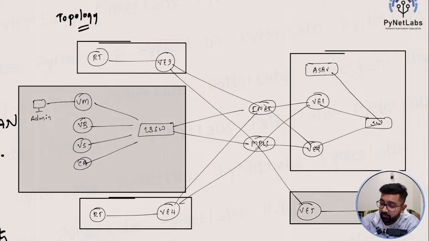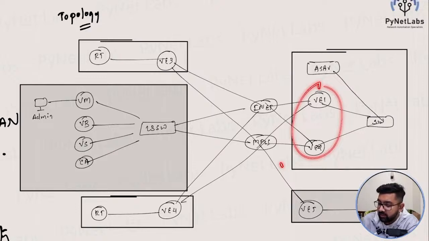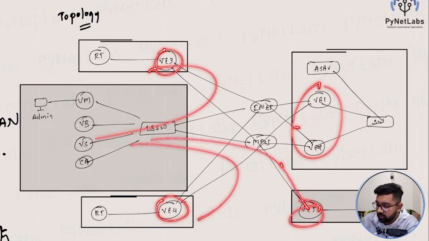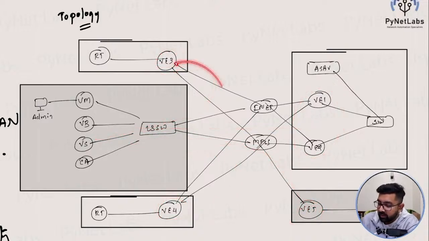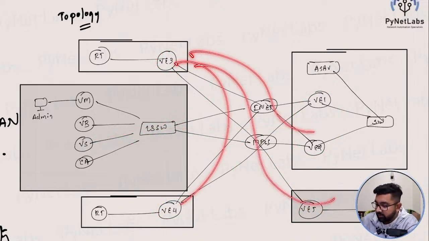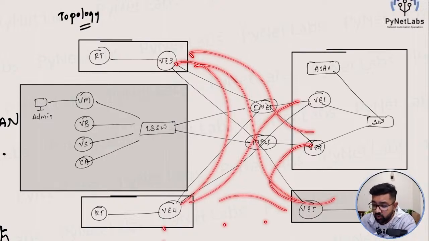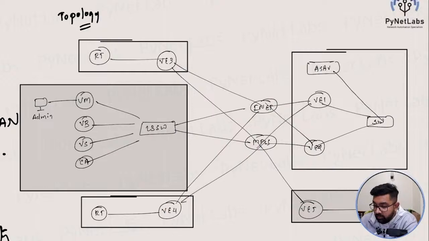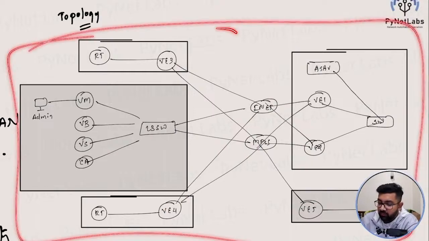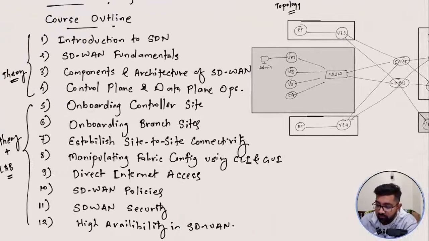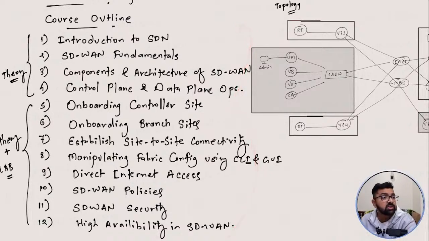We will also be performing some add-ons onto this topology. The majority of our WAN edges will be in control of the controllers, and they will also be maintaining the overlay tunnels with each other. So this entire topology will be built from scratch in order to test all of these topics that we have discussed, and let's see how that goes.